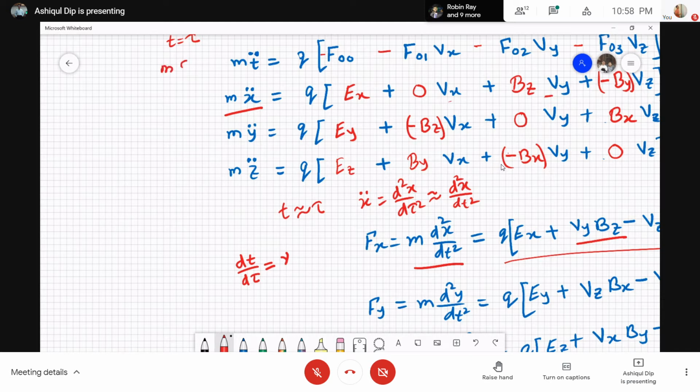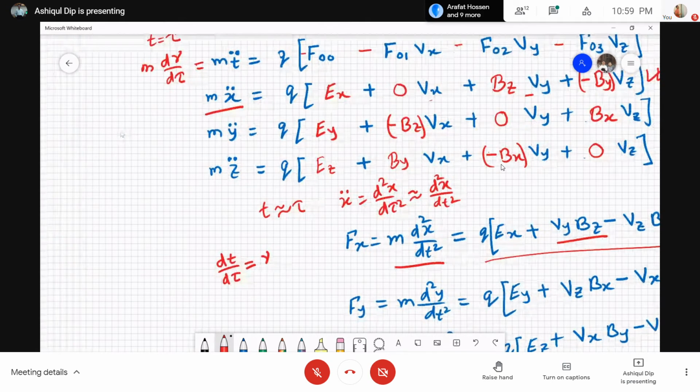So basically, I can write this term as m d gamma over d tau, to compare with the lower equation. So d gamma over d tau is q times the negative of that expression.